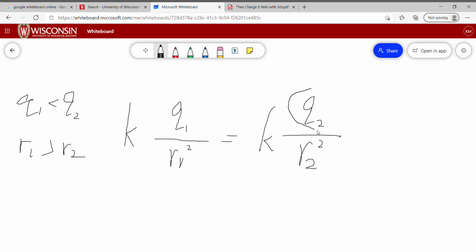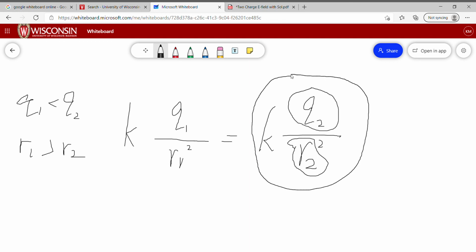Which means that the numerator is greater and the denominator is smaller, so the left-hand side is guaranteed smaller than the right-hand side.